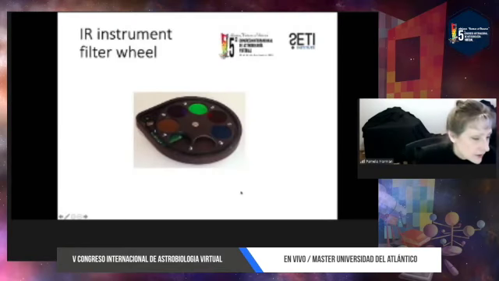So here's a picture of a filter wheel from an infrared telescope instrument. This wheel is in the instrument, and there's a computer command signal to spin it to the filter that the astronomers want to use. They want to collect light at a certain wavelength, and they actually use filters and wheels in their instruments.